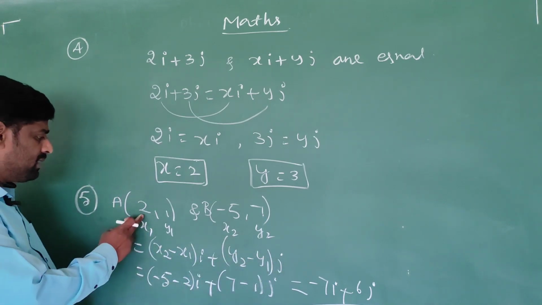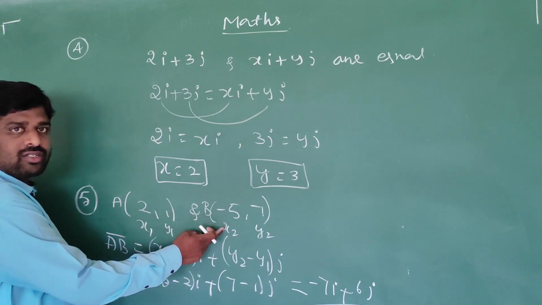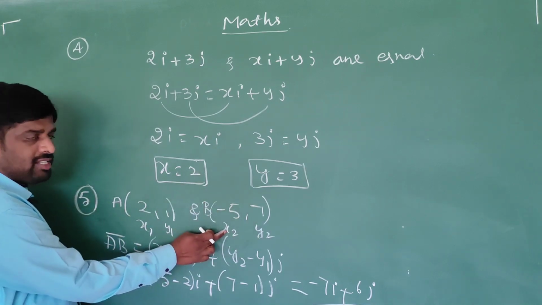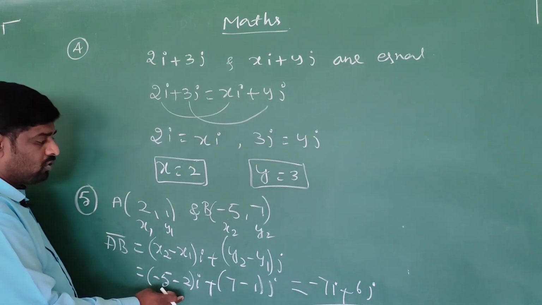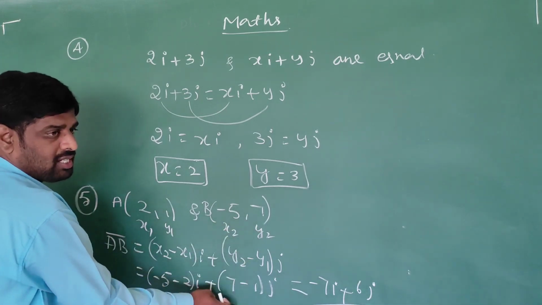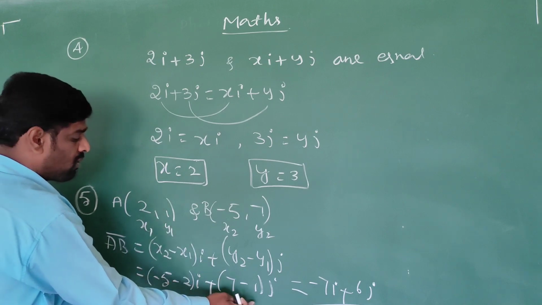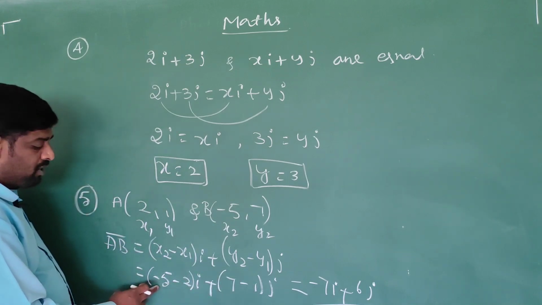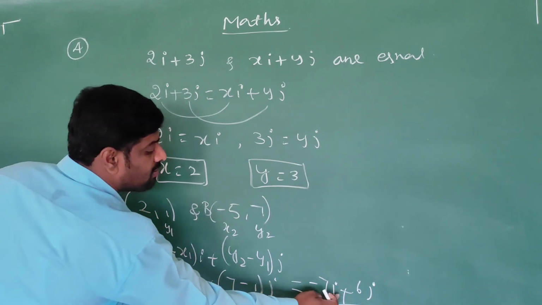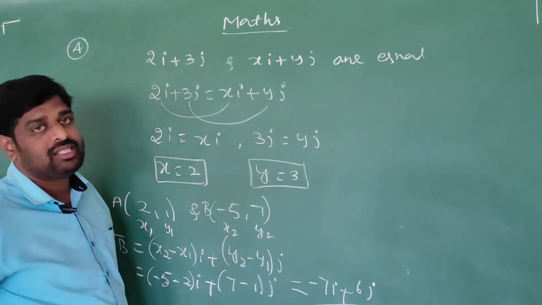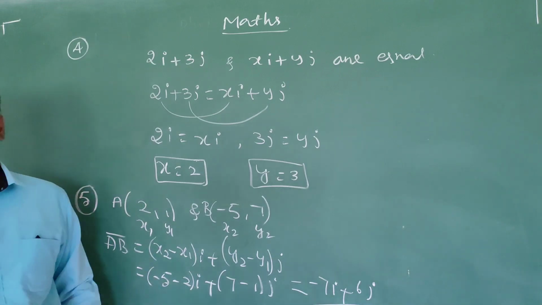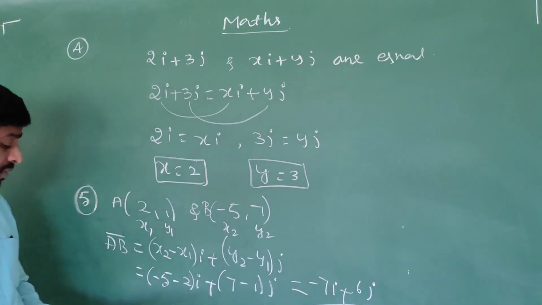Here these are x1, y1, x2, y2. x2 is -5, x1 is 2, y2 is 7, y1 is 1. That is -5 minus 2 is -7 i cap, and 7 minus 1 is 6 j cap. So this is the solution for the fifth question.